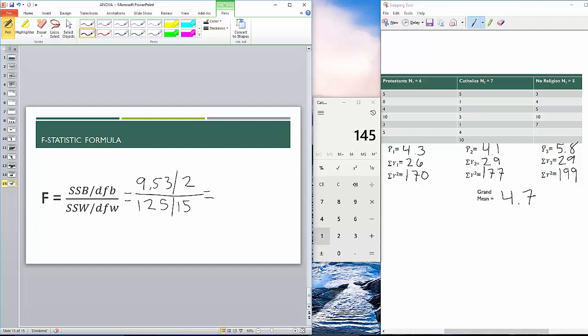So let's go ahead and do that. 9.53 divided by 2 gets us 4.765. And we're going to divide 125 by 15 to get 8.333. Okay, so let's find our F statistic. Our F statistic is 0.572.